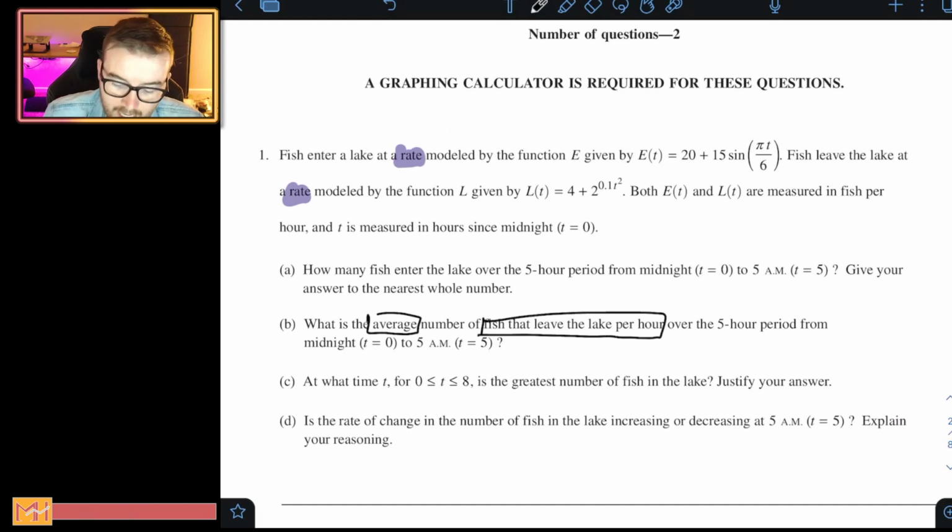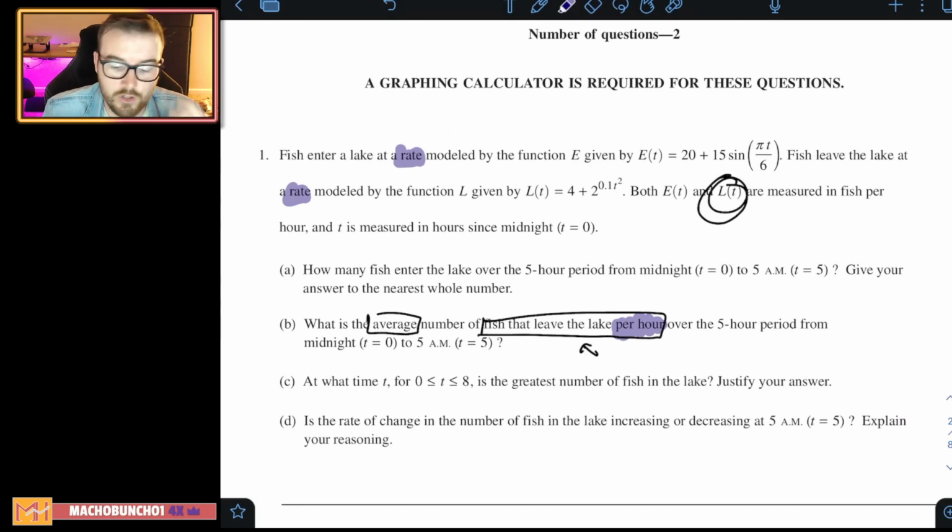We're finding the average of L of t, because L of t represents the fish that leave the lake per hour. Now, the per hour is an important touch here. We're not finding the average number of fish that left the lake. We're finding the average number of fish that left the lake per hour. So we're finding the average of this rate.